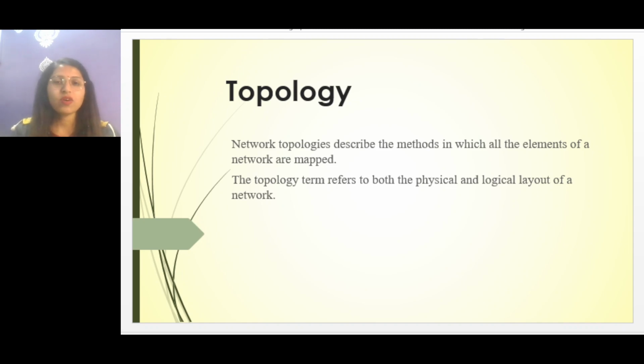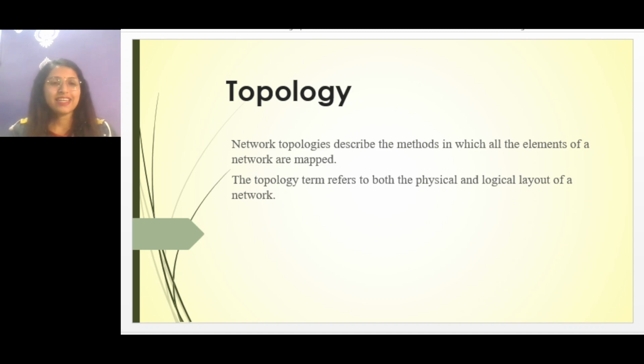If any fault emerges in the network topology, it will be much easier if they use the topology that is according to the requirement of the user and the availability of the resources. So deciding on the network topology before properly implementing it is very important from the network point of view.